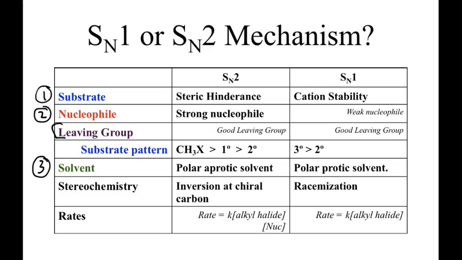When we look at our substrate under the SN2 conditions, I'm concerned about steric hindrance, or the electron density in the backside of our leaving group bond. That's all steric hindrance is, just electrons behind the leaving group.